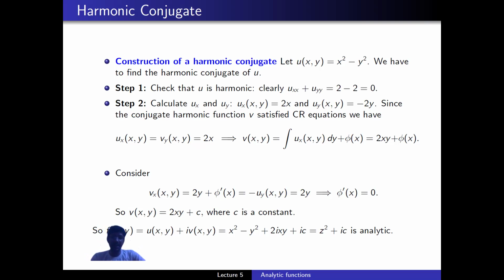Then by differentiating v partially with respect to x, we get some form for vx. Now we compare this value of vx with the given value of vx, and in that way we can easily get the final form of the function.